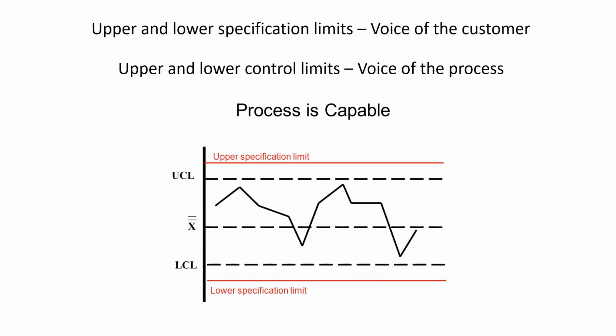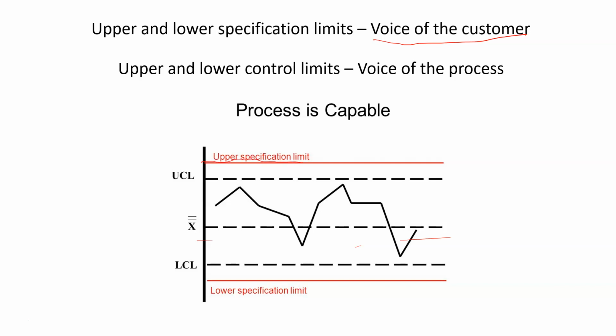Now, another benefit of using this type of, we'll call it just a control chart, beyond the central limit theorem and the tendency to populate around a central point, as well as a measurement of dispersion, is the concept of the voice of the customer coming into this chart. So what the voice of the customer adds to it is the specification limits.